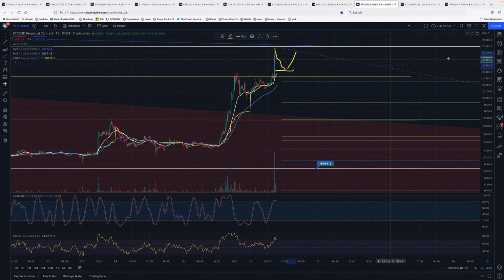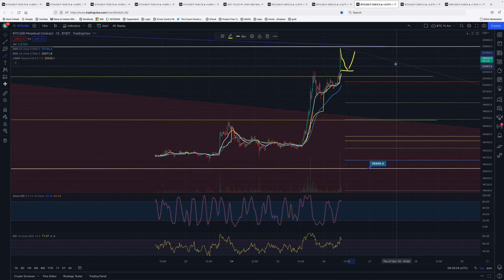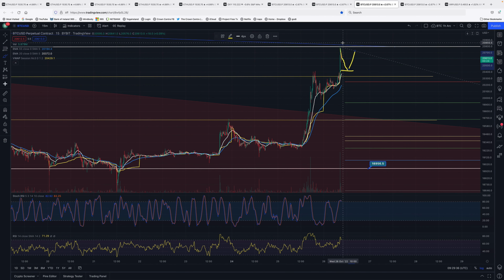Now, I am ruthless with my stop losses, and I leave very little space here for that double top. It depends on you how much capital you want to risk. I like to risk very little, because I'm all day looking at the charts.